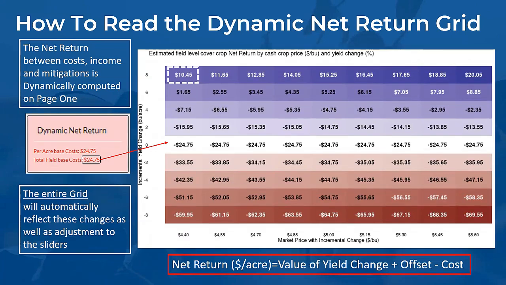The net return or dynamic grid matrix or profit grid is a unique way to visualize this impact of yield change and market price. And you can think about this as an old road atlas. Remember that before cell phones we had to carry a road atlas in our cars, and this grid is used the same way.